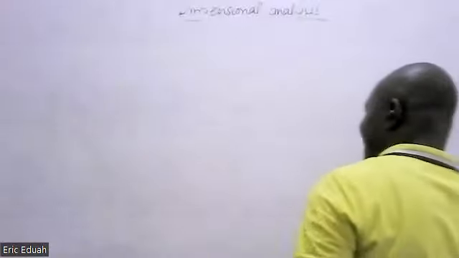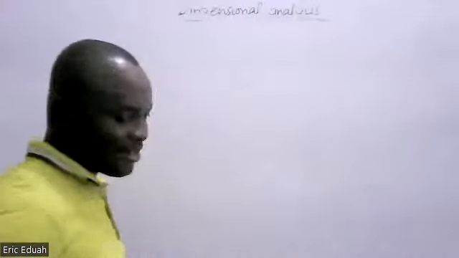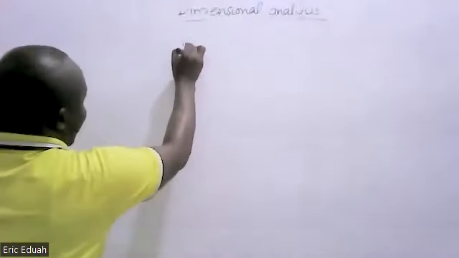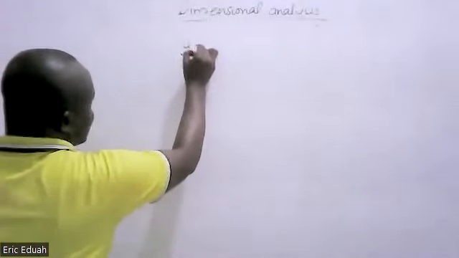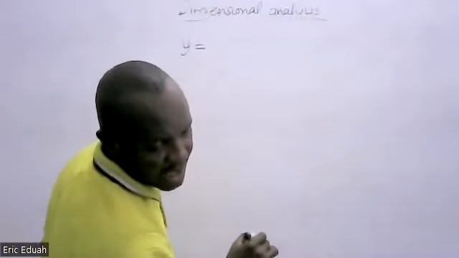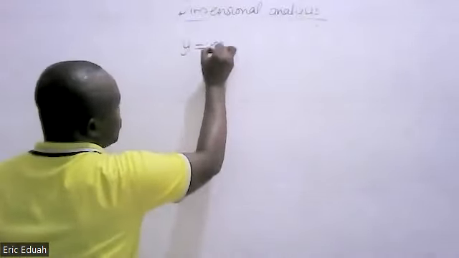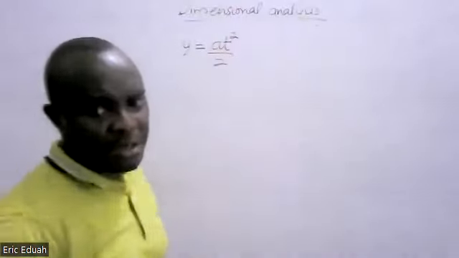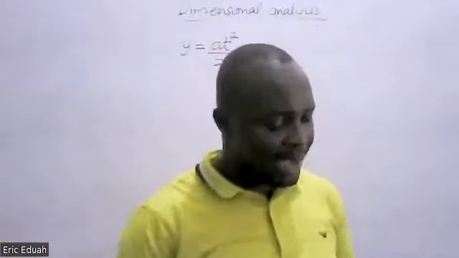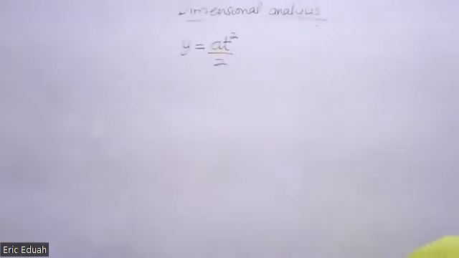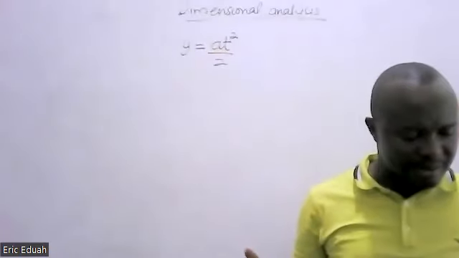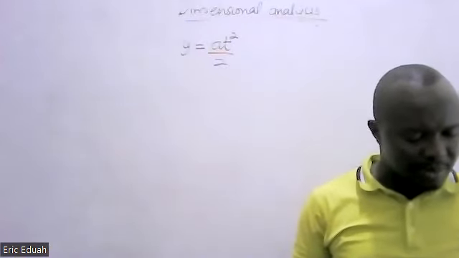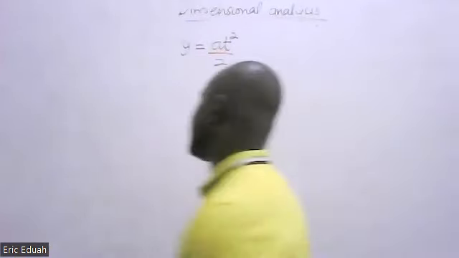So let's solve it together. y is equal to a t squared all over 2. And you have to understand what y is. From the question, y is a distance, t is time, and a is acceleration.